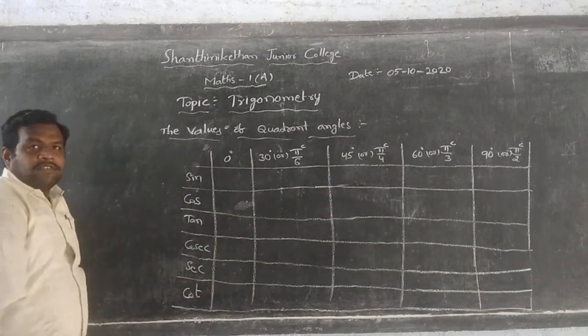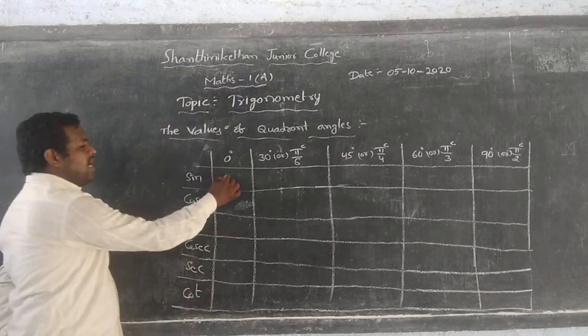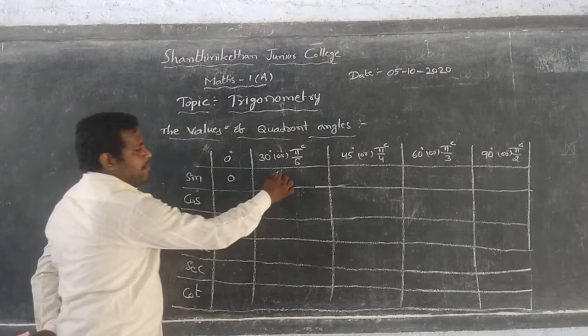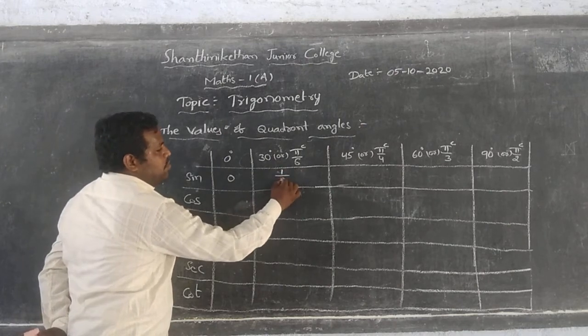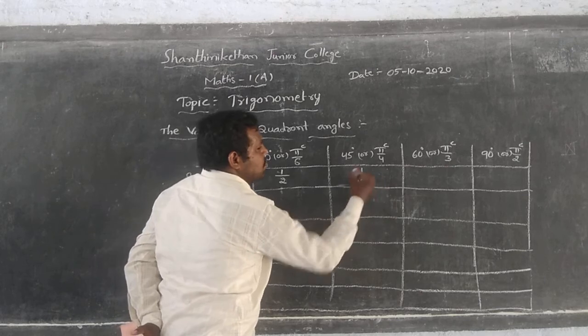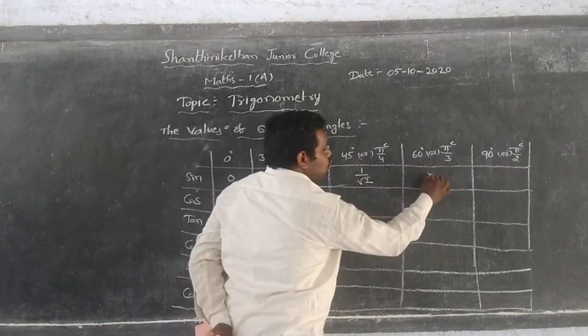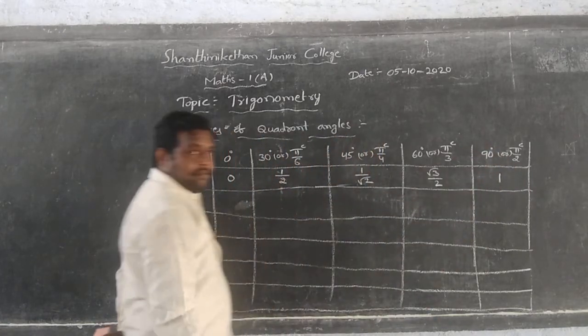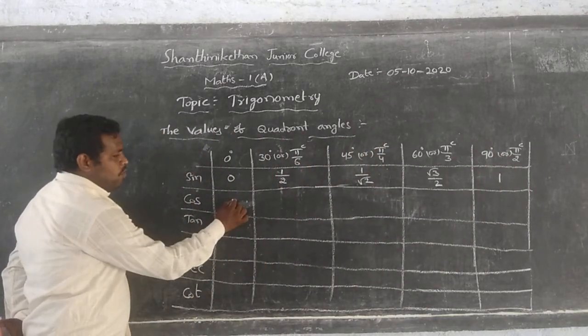First, what's the value of sine 0? Sine 0 value is 0. Sine 30, 1 by 2. Sine 45, 1 by root 2. Sine 60, root 3 by 2. Sine 90, 1. Cos 0, 1.